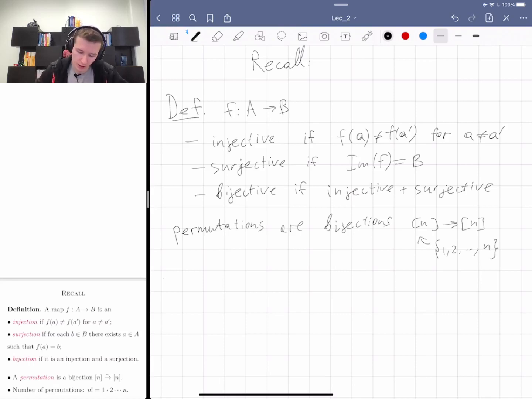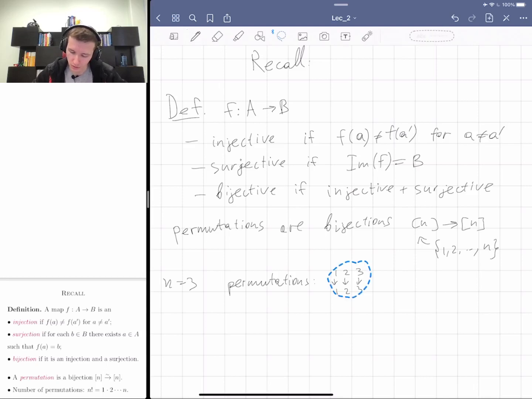So for example, when n is equal to 3, bracket n is 1 to 3, so I have to map 1 to 3 to 1 to 3 in some way. I can do this in 6 different ways.